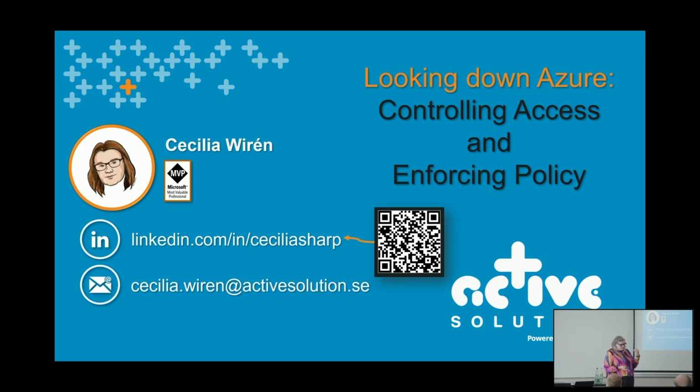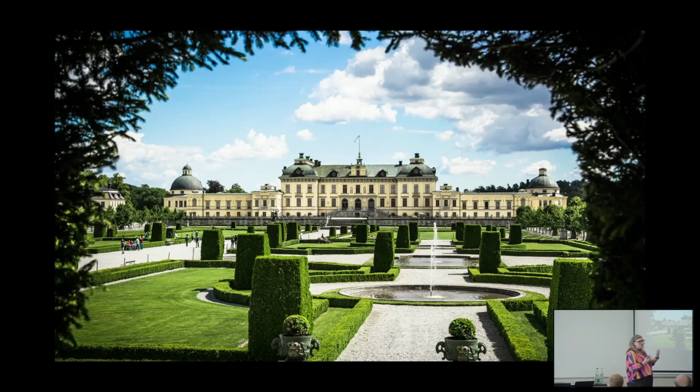When thinking about accessing things in Azure, I like to compare your subscription to a mansion or a castle. This is actually the Swedish castle where the queen and king live. They have a lot of rooms, wings and different buildings.